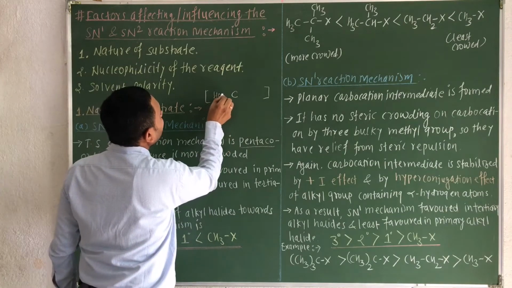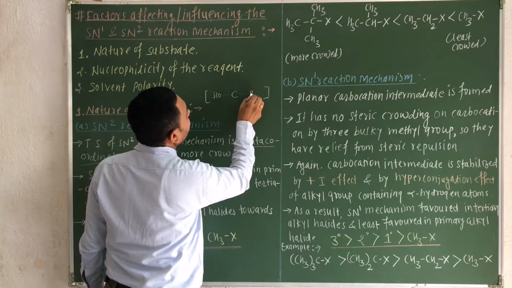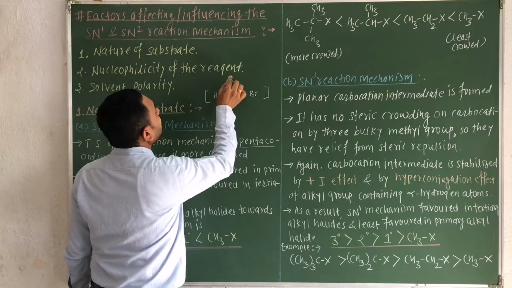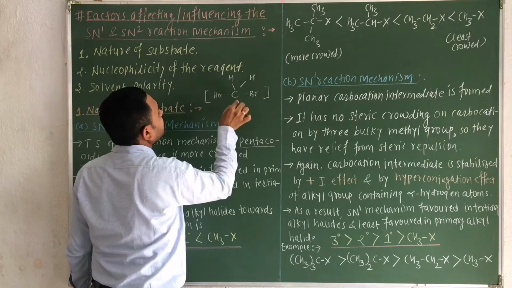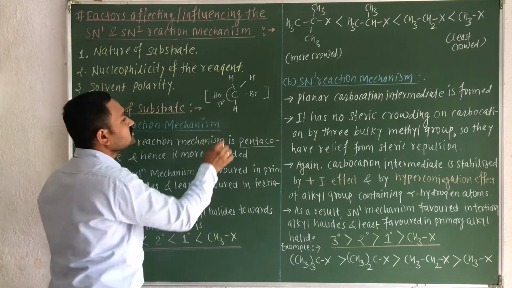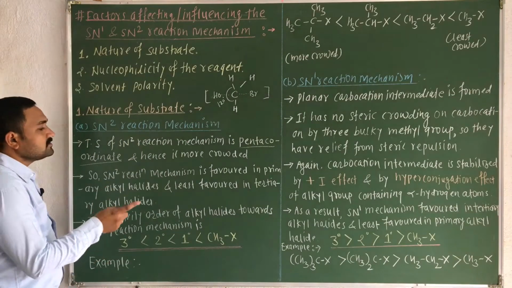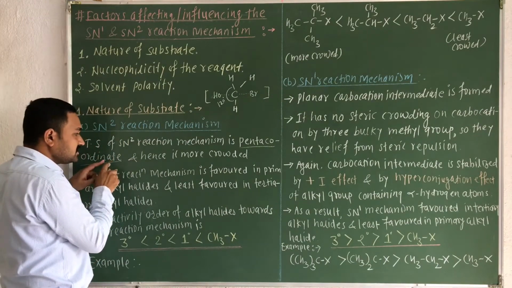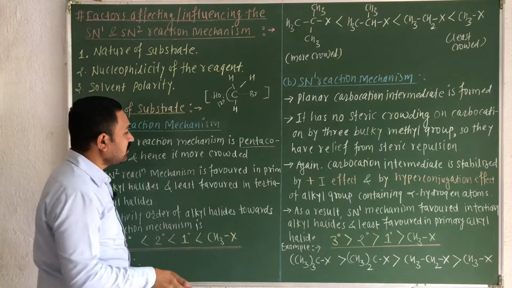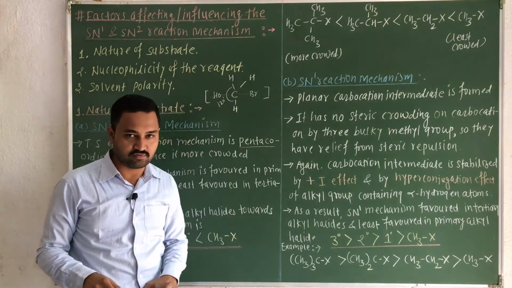The OH group has a partial bond formation, the C-Br bond is partially broken, and the three hydrogen atoms arrange with a bond angle of 120 degrees. So this is the penta-coordinated state. Remember, there are five different atoms involved, hence there is more crowding in that transition state.